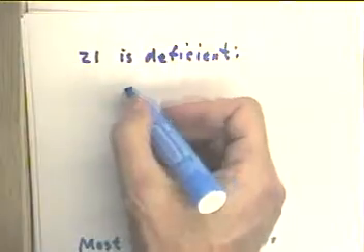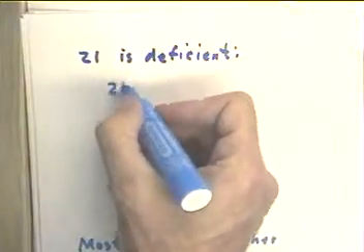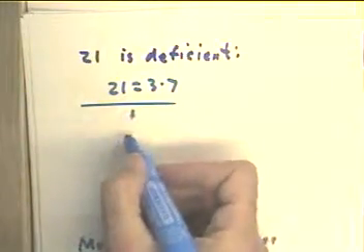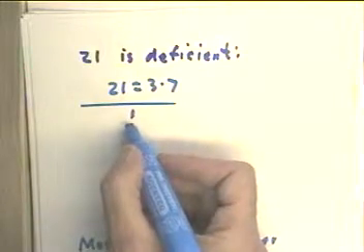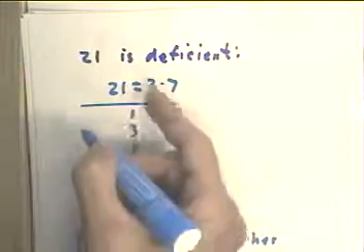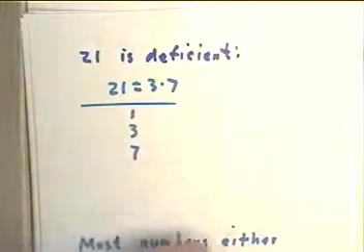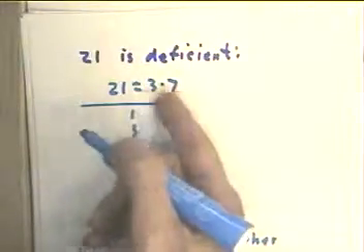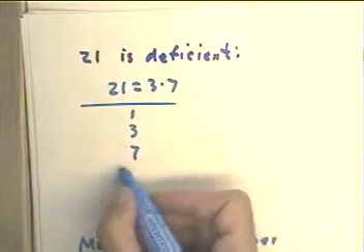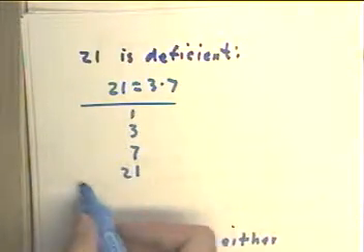Now the divisors of 21, 21 equals 3 times 7. So the divisors are going to be 1, always, and 3, and 7, the two single factor divisors. And then, well, there's only one double factor divisor, which is 3 times 7, and 21, which is 21 itself.